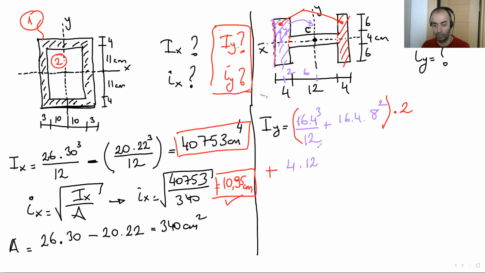So 4 times 12 cubed over 12. Now what I did here, I just calculated the moment of inertia according to the local axis of this web rectangle, which is here.